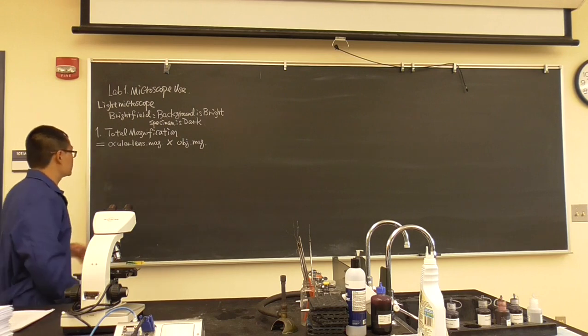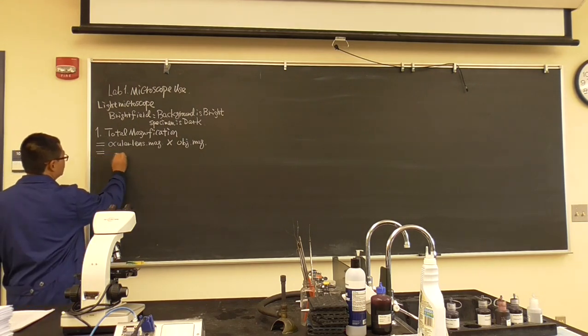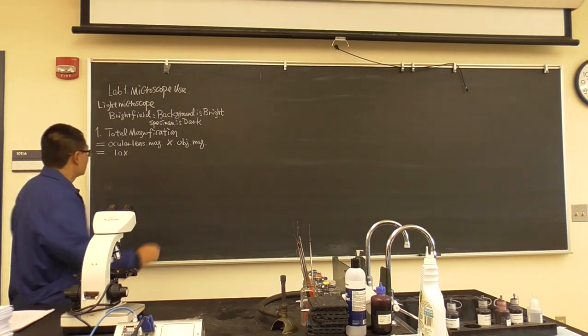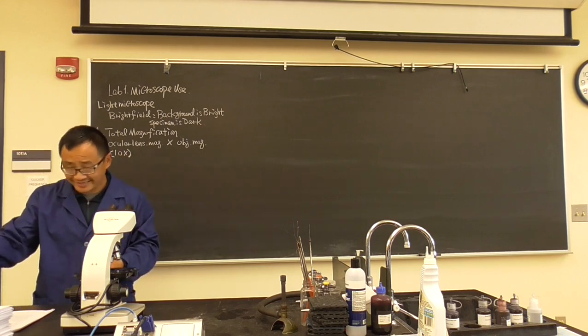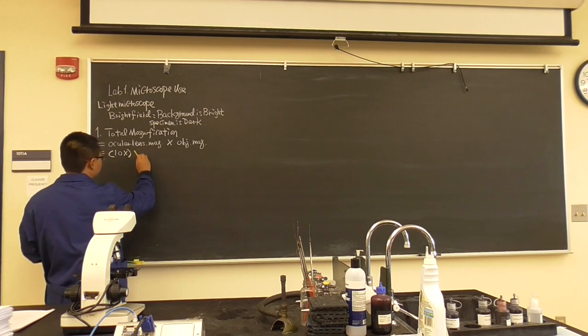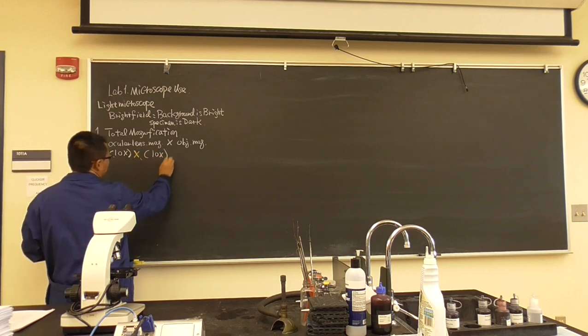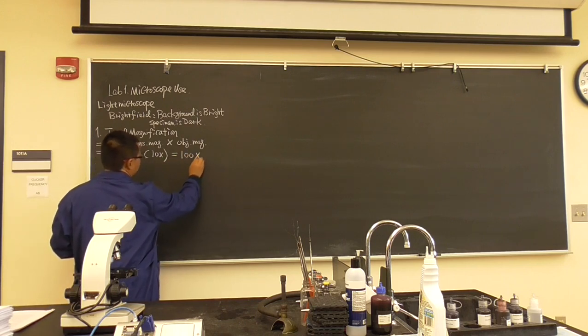Let me give you a very easy example. Ocular lens magnification is always 10x. And the objective magnification, let's say we set at 10x. Multiply. So what's the answer? It is 100x.